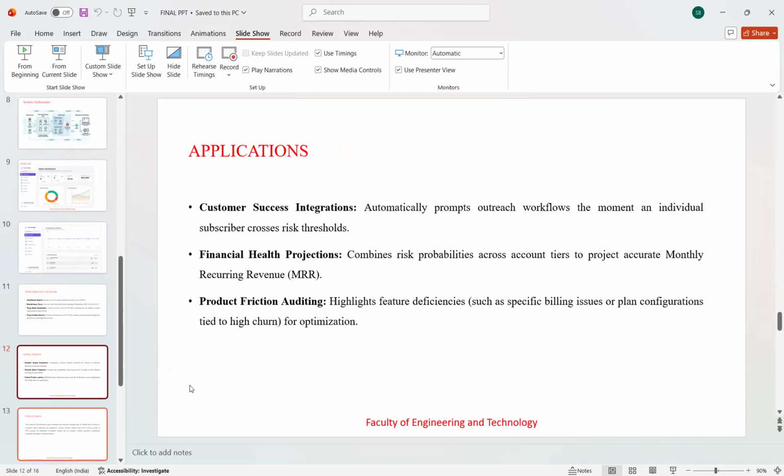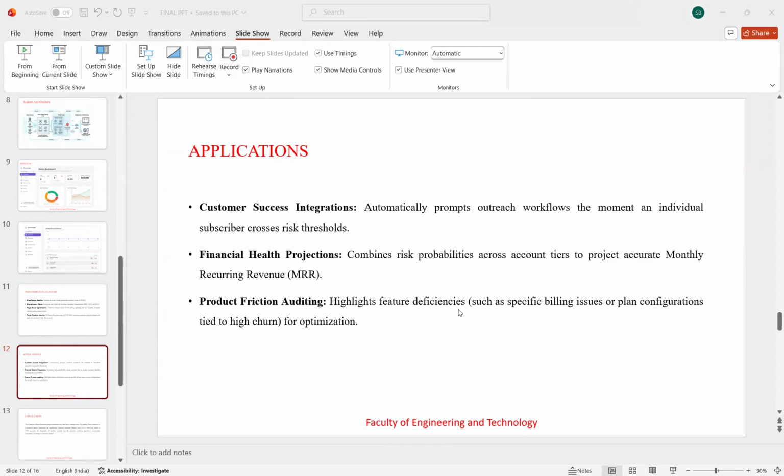Applications will be continued by Bhagya. These are the applications. The first one is customer success integrations. This application helps the support team identify the customers who may leave and send an alert so the team can contact the customer earlier.